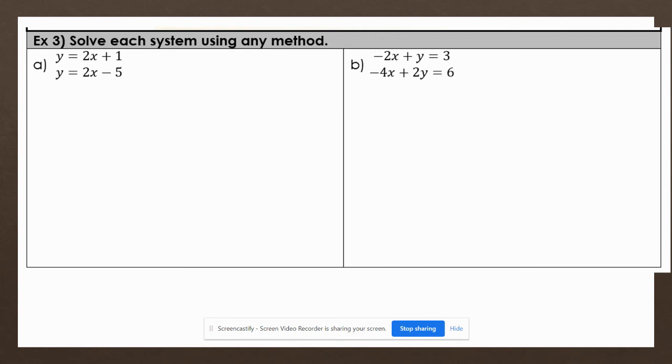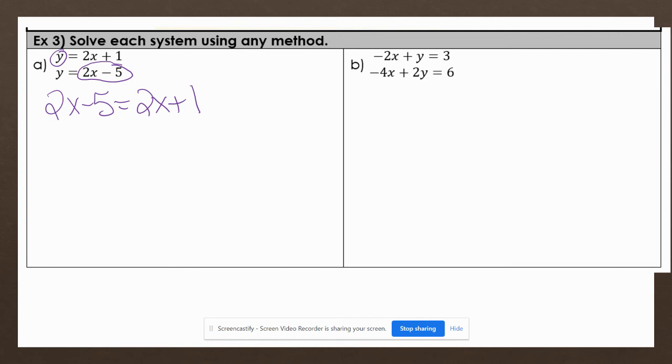All right, we can solve these using any method. For letter A, I think I am going to solve using substitution because they're solved for y already. So I think I'm going to take this and put it in for this y. 2x minus 5 is equal to 2x plus 1.